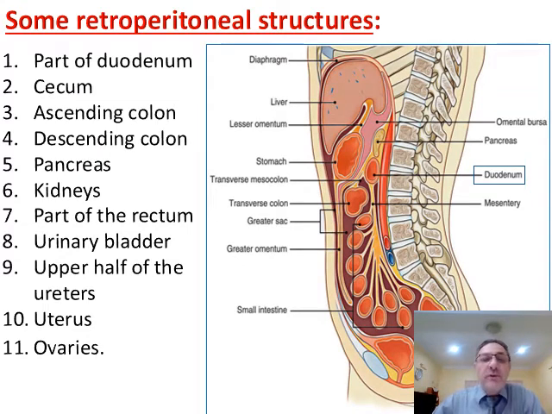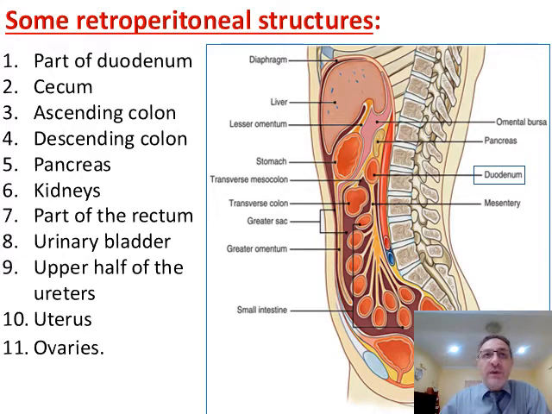Some retroperitoneal structures. This is also important from a clinical point of view. All these structures: duodenum, cecum, ascending colon, descending colon, pancreas, kidney, part of the rectum, urinary bladder, upper half of ureters, uterus, ovaries, are retroperitoneal structures.